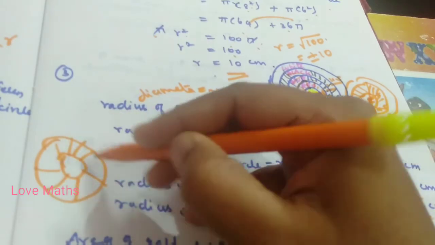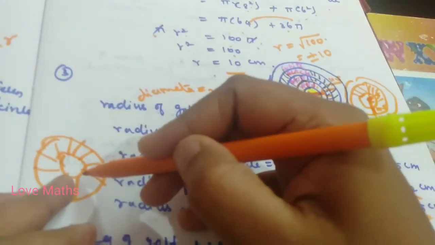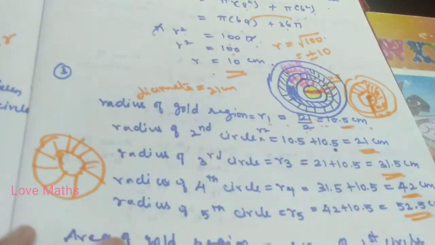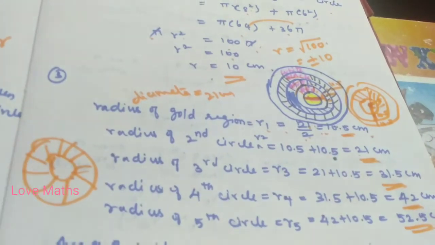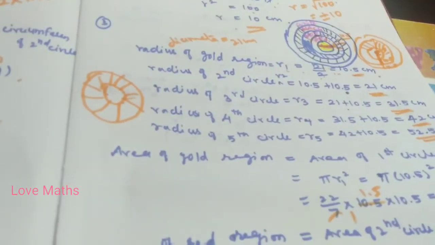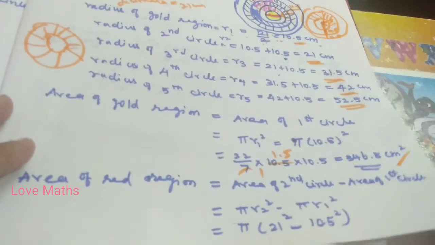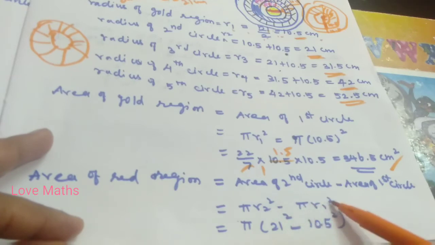So what I am going to do: subtract the smaller circle area from the larger circle area, and I can get how much area this gap has. So area of second circle minus area of first circle, that is R2 squared minus R1 squared.